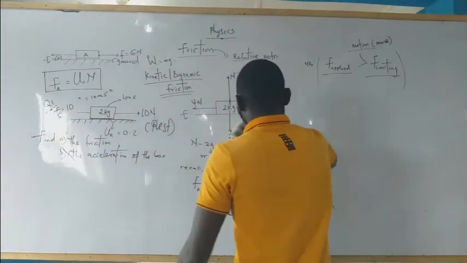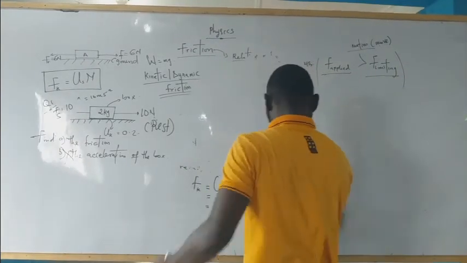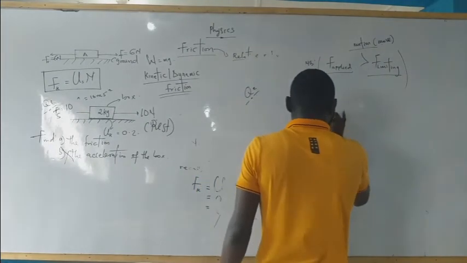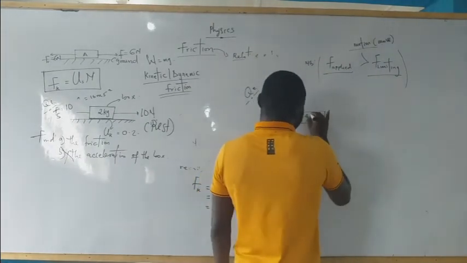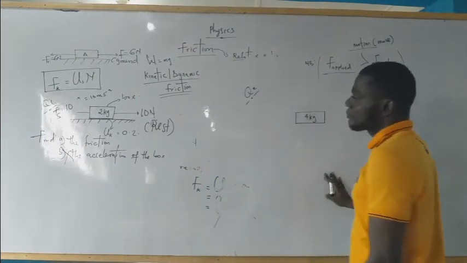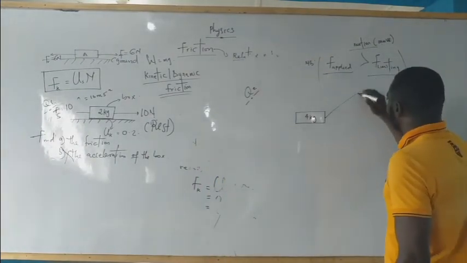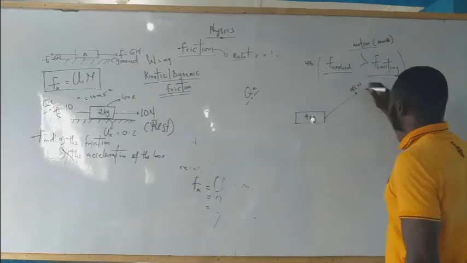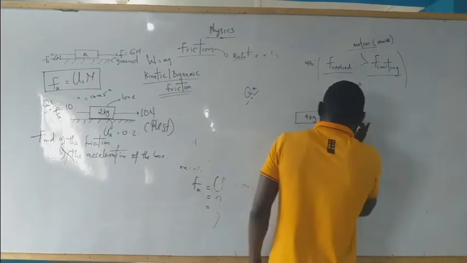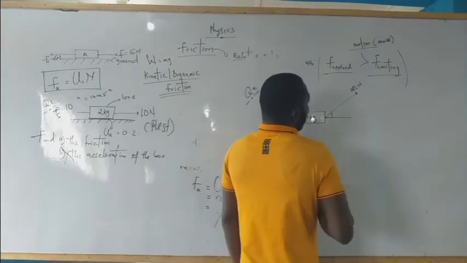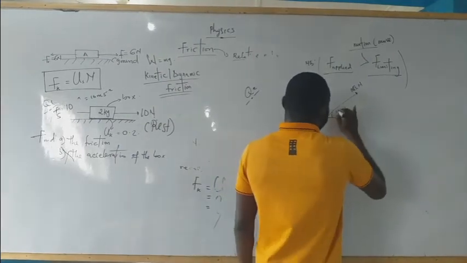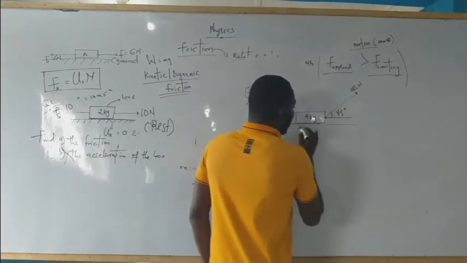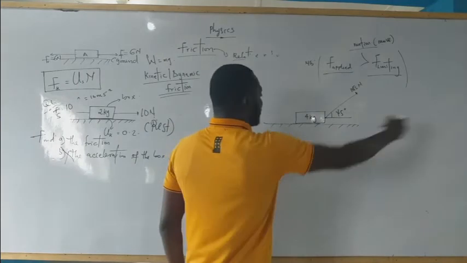Question 2. A box of 4 kg is pulled by a force of 10 root 2 Newton at an angle of 45 degrees to the horizontal.